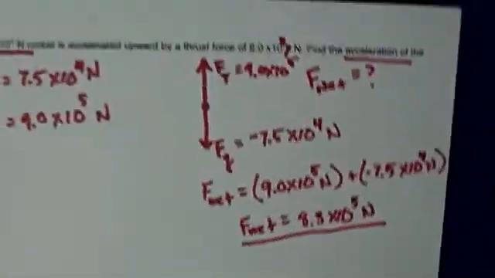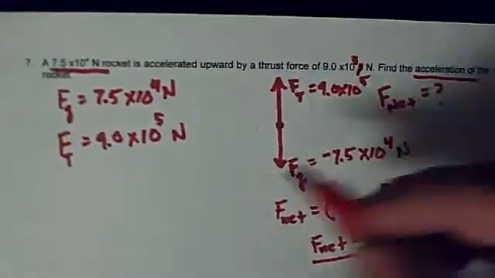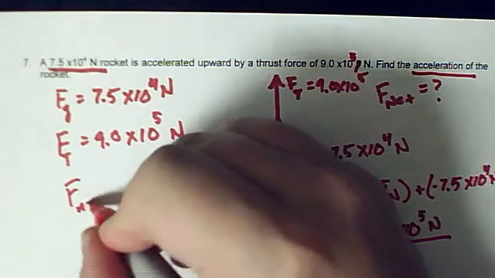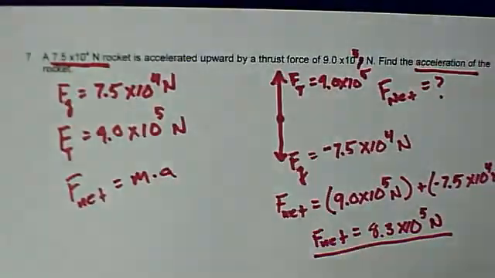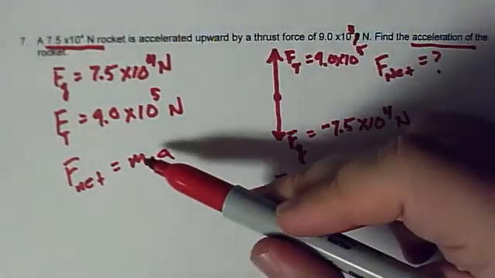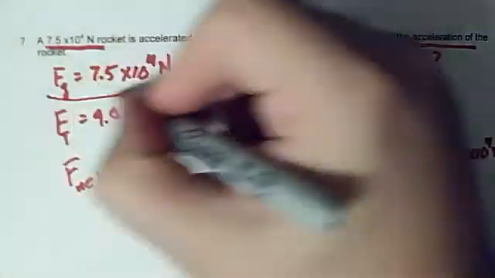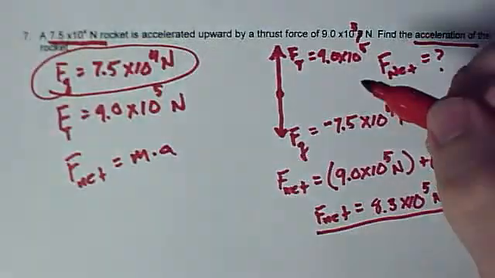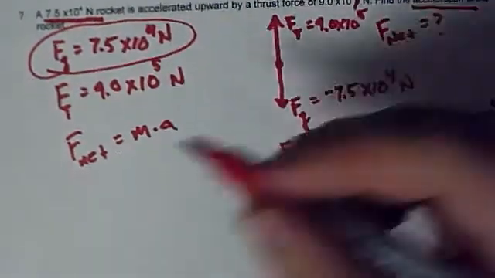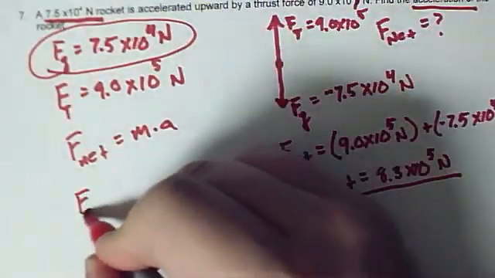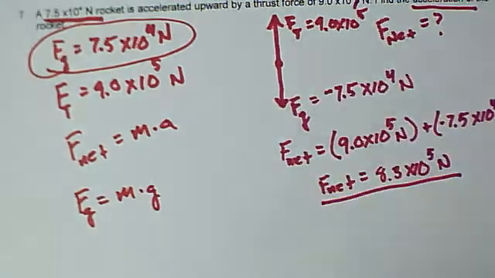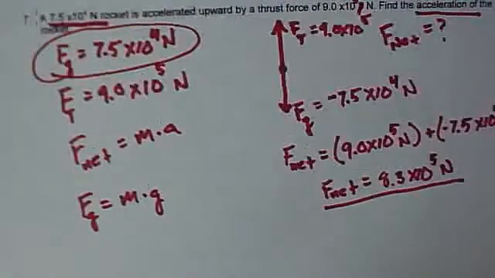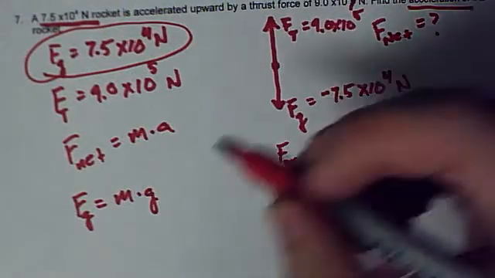I need to know my net force in order to find the acceleration, because F net equals mass times acceleration. Well, I also need to know my mass. So I'm going to use my weight, the Fg, force of gravity. I know that Fg equals mass times the acceleration due to gravity. We found that in our previous example problem.